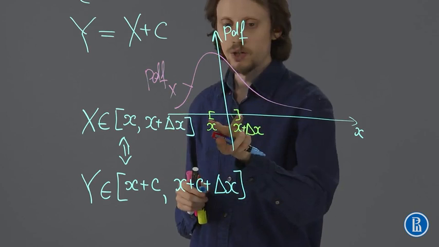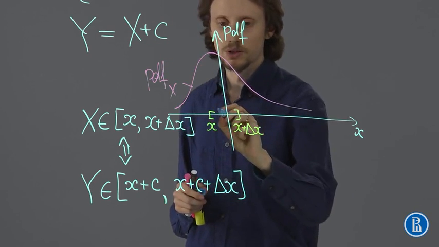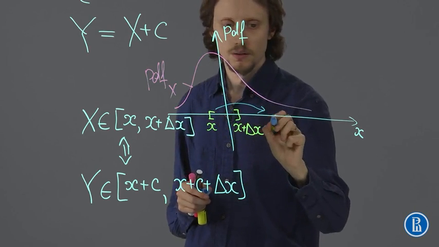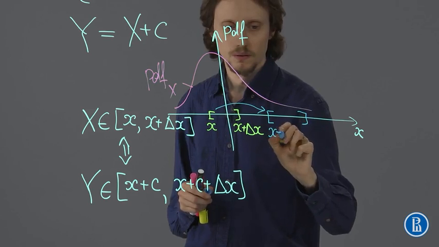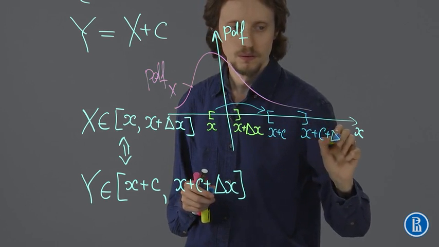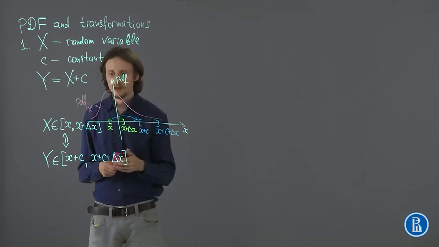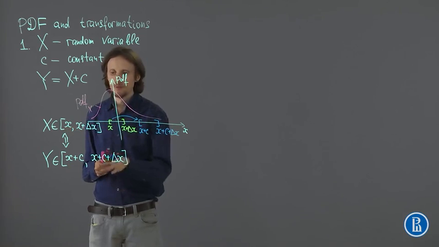So when we do the transformation, this segment shifts by adding this constant, and we get a new segment. As these two events occur simultaneously, their probabilities are equal.